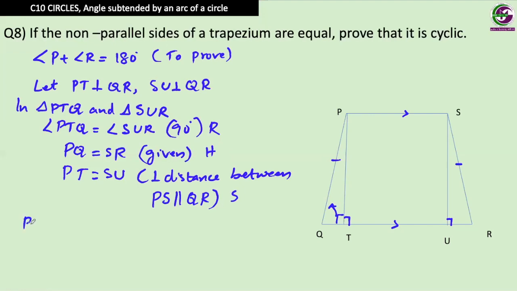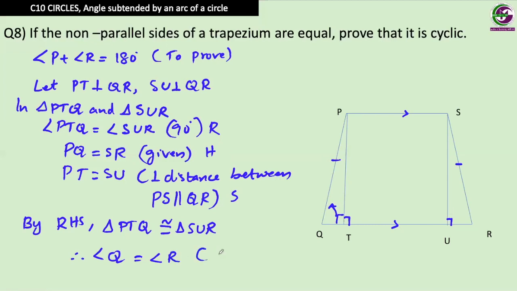So by RHS, PTQ is congruent to SUR. Therefore, by CPCT, we get angle Q is equal to angle R, corresponding parts of congruent triangles. So these two angles are equal.